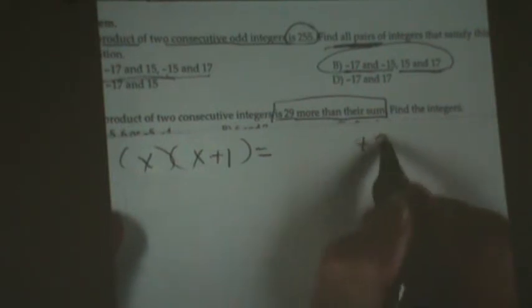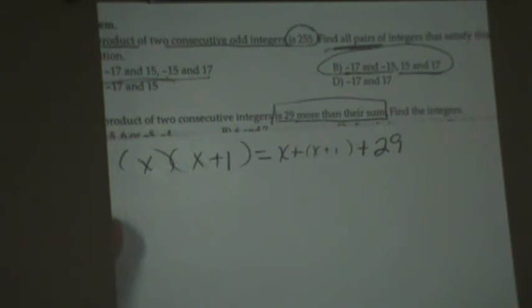Number 48, find the product of two consecutive, not odd or even, just two consecutive, is 29 more than their sum. So your product of two consecutive, so you have x and the next one, x plus 1, right? And how do you do the sum of the numbers?